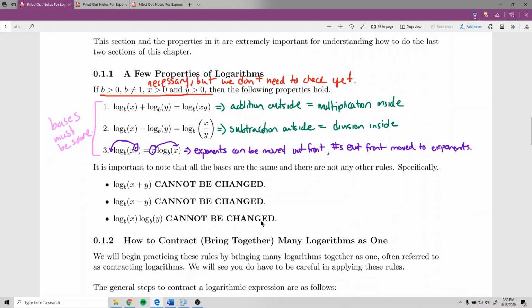The three things I have down here are just a side note. Many times people want to simplify other things and you cannot. So if you have a plus or a minus inside, that cannot be changed. And then the third point here, if you are multiplying two logs, you cannot change that as well.